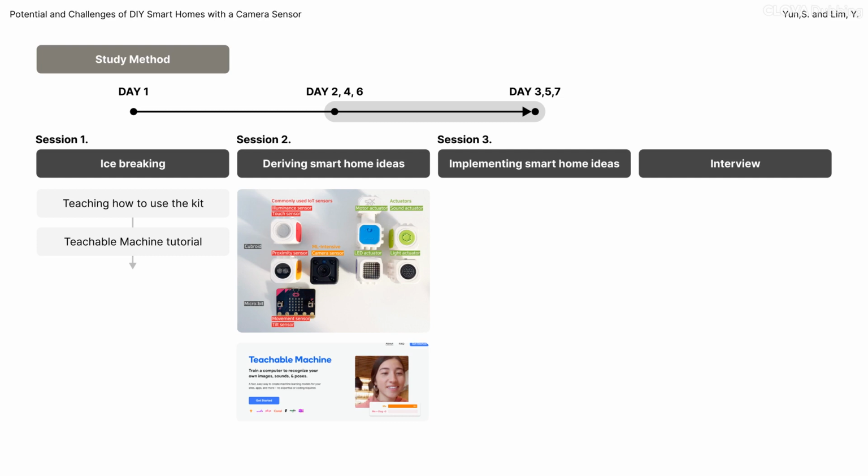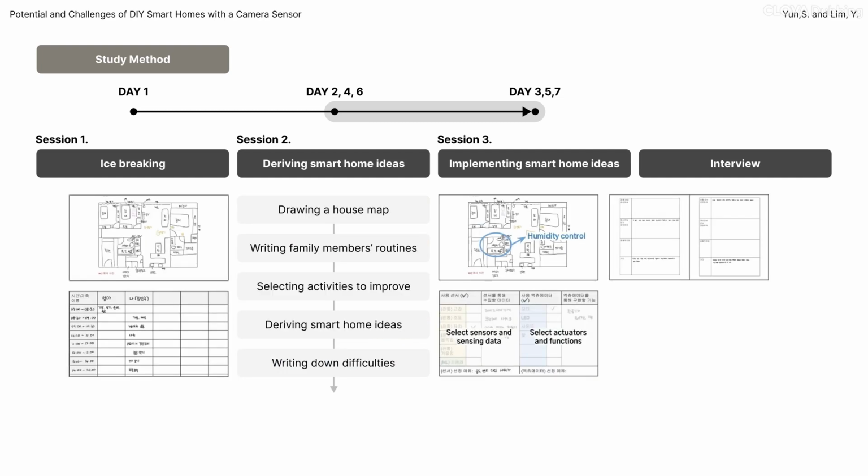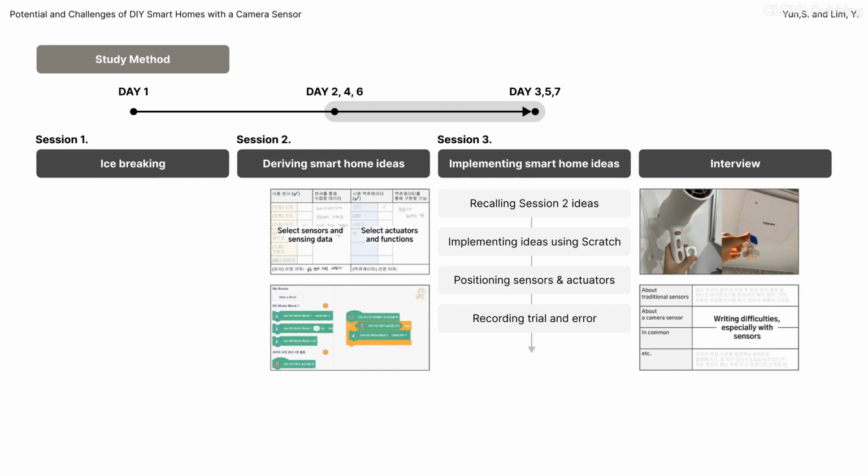Because the building functions had to be developed using Scratch, we also briefly described the core coding blocks of Scratch programming. In session 2, we developed an activity in which participants looked back at their homes and routines to effectively discover desirable smart home features. In session 3, participants implemented the ideas using Scratch they had derived in session 2.